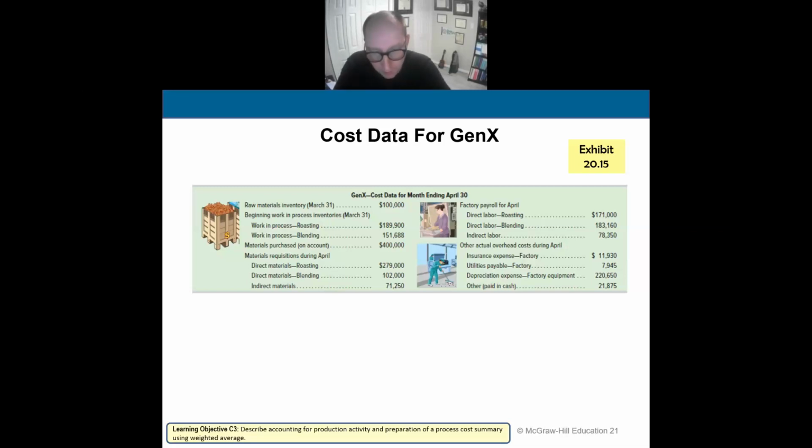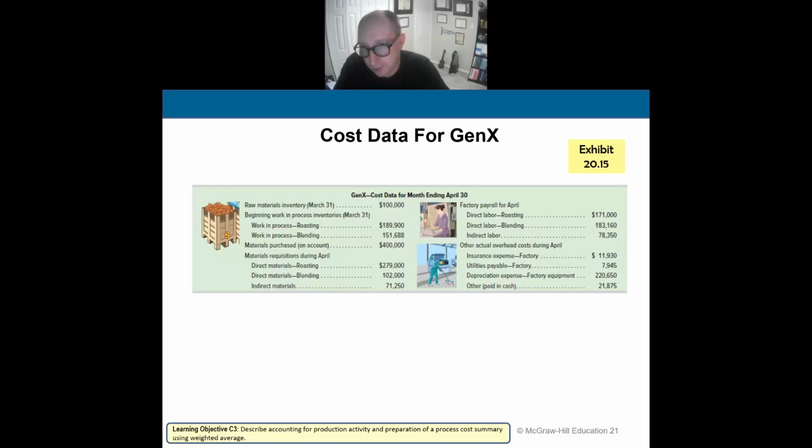This data represents the beginning work in process, the raw materials for the month, materials purchased for the month, materials used for the month.